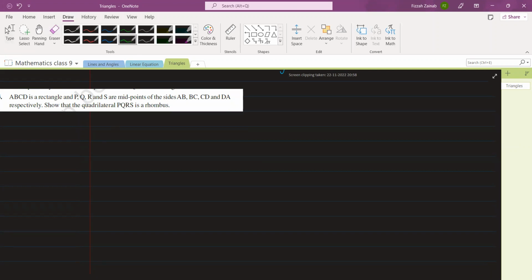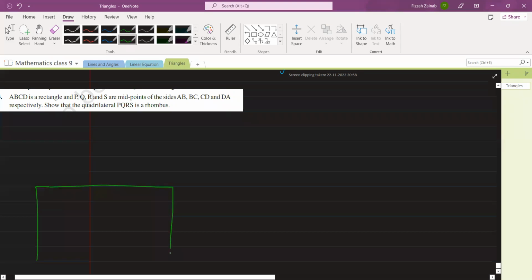All right, so now ABCD is a rectangle. Okay, so this time it is a rectangle which is given to you. Right, ABCD. And PQRS are the midpoints, respectively.